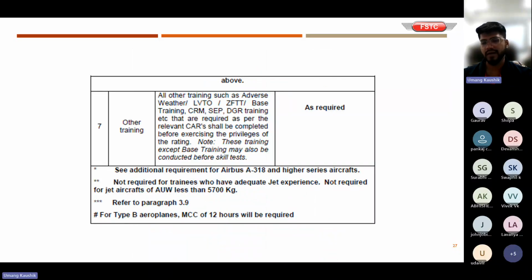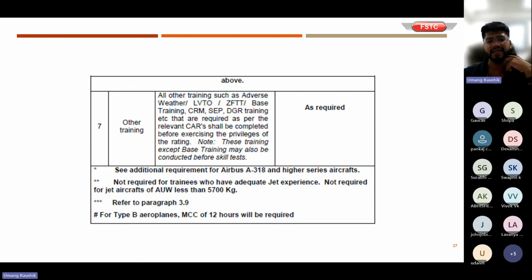This is if required. This is not a mandate by DGCA. If the airline demands, you can do it: delay adverse AWO, LVTO, ZFTT based training, other trainings. Right? So this is a hashtag that says for type B aeroplanes, MCC of 12 hours will be required.